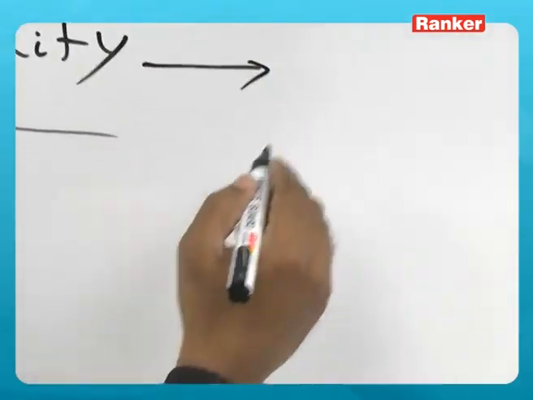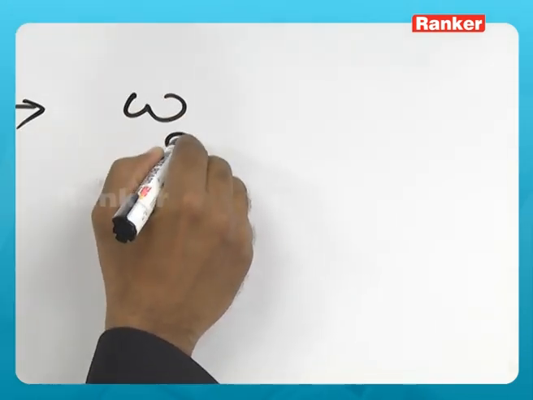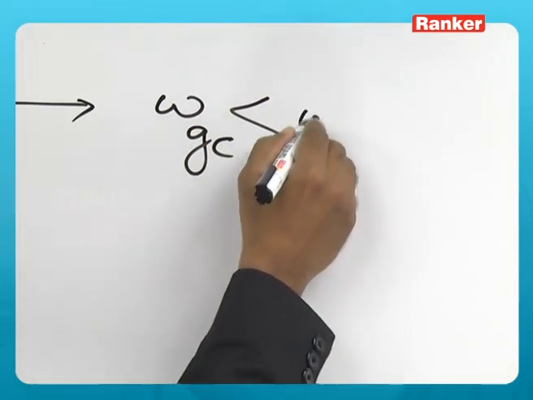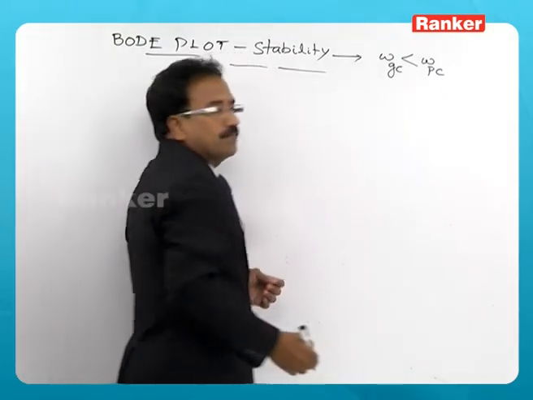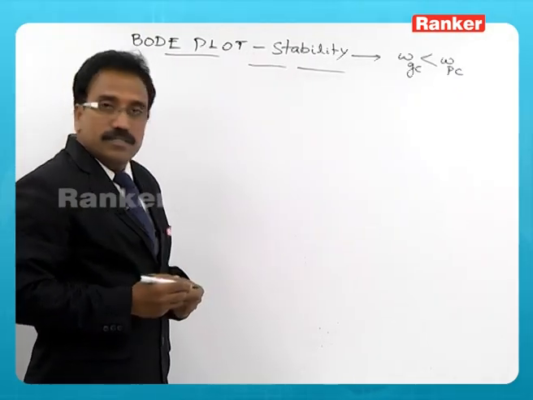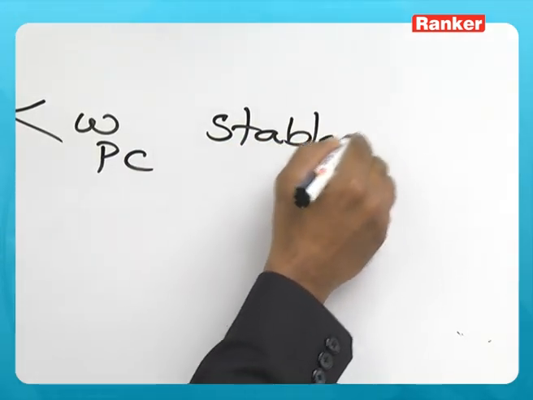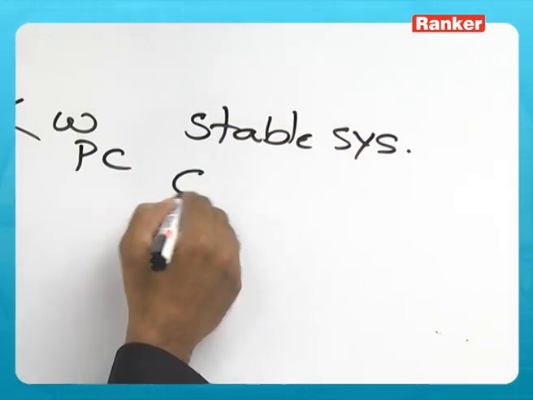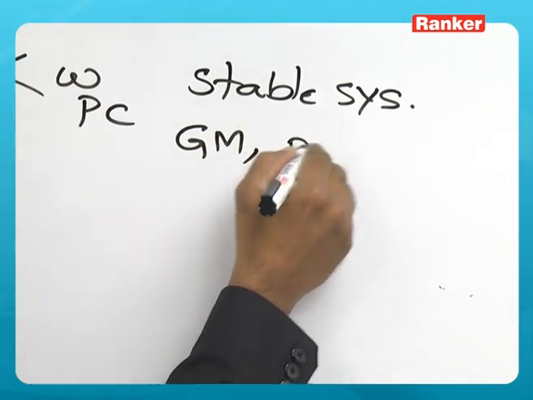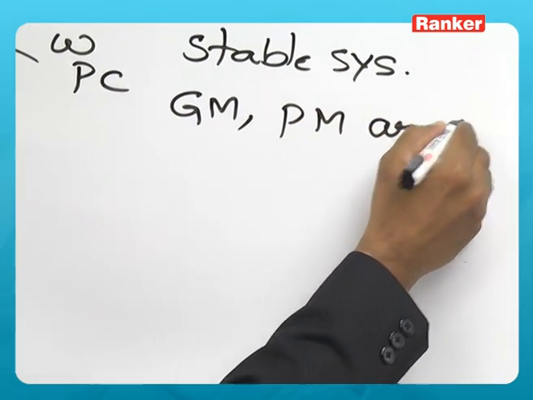The condition for stability is omega gc should be less than omega pc. We say that it is a stable system because both gm and pm are positive.